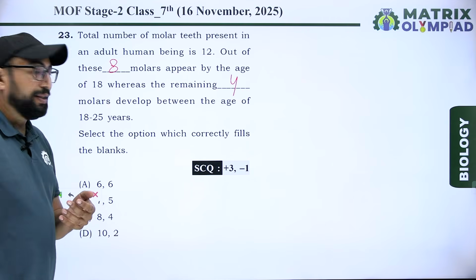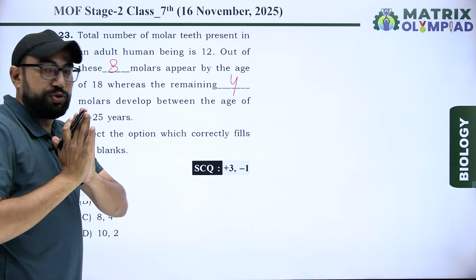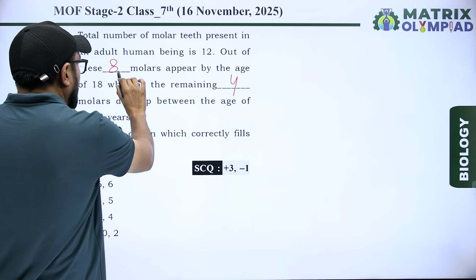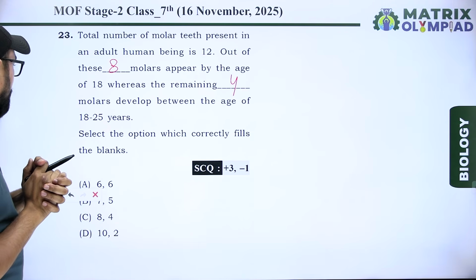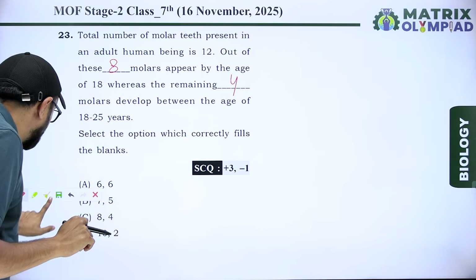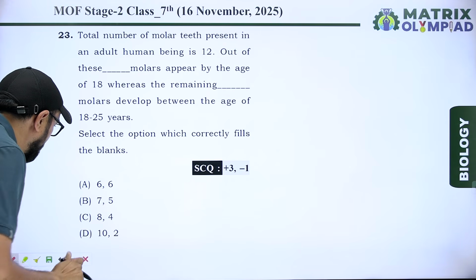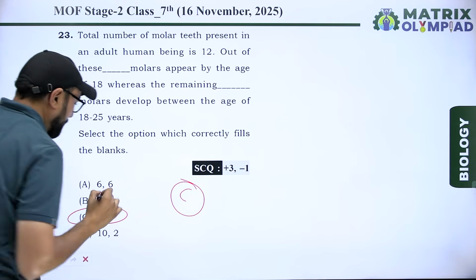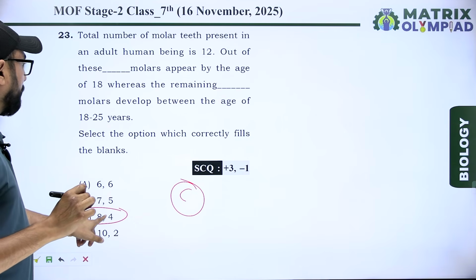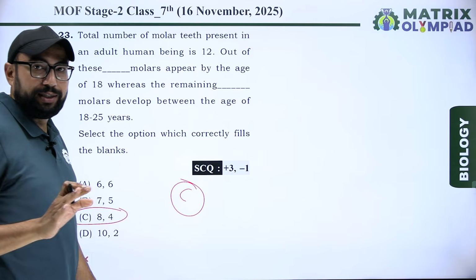These are the wisdom teeth. So 8 and 4 were the correct matching in option C. Option C is the correct match, 8 and 4 wisdom teeth.